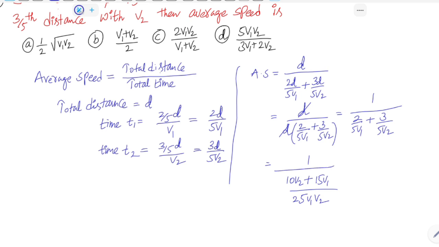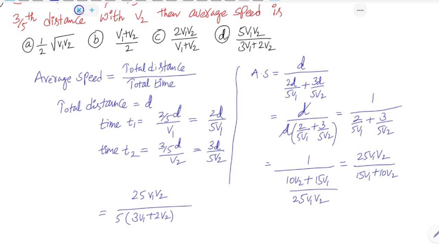It is divided with 1. When you flip the denominator, you will have 25v1v2 by 15v1 plus 10v2. Now from the denominator, if you take 5 common, numerator becomes 25v1v2. Denominator, if you take 5 common, it becomes 3v1 plus 2v2.